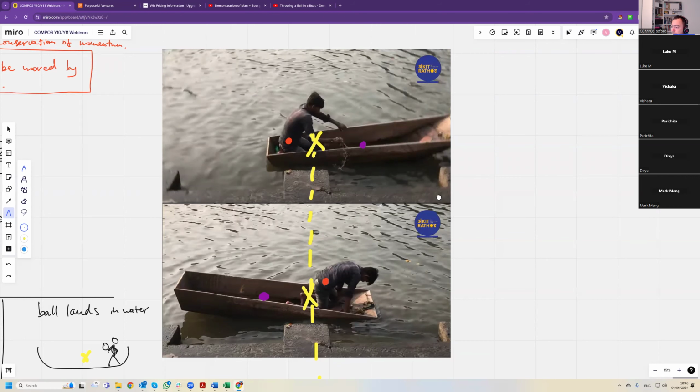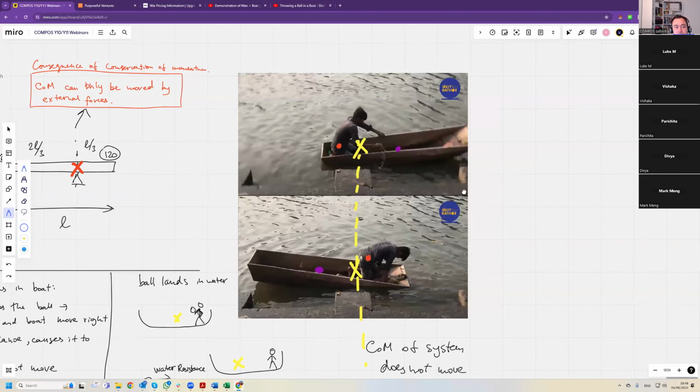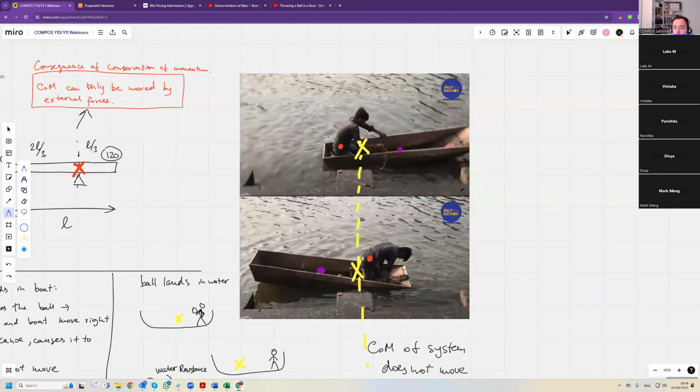It doesn't move because there are no external forces. There's no horizontal external forces. Nothing is pushing the boat horizontally one way or another. Only internal forces. That means the man is pushing the boat and the boat is pushing the man.